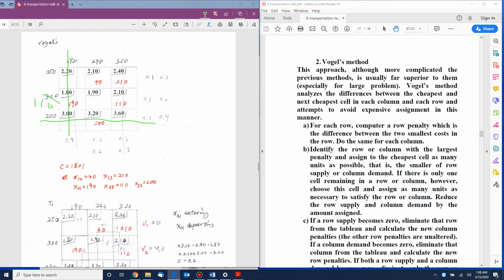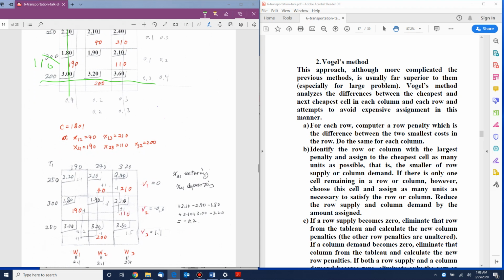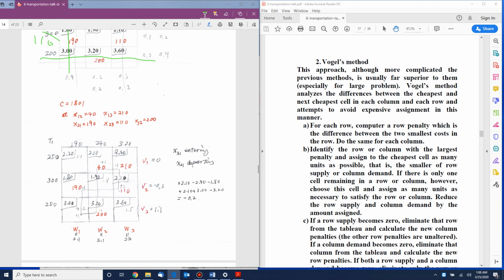Now, once we have done it in the table, we can work out the initial tableau. Just ignore those crossed because there is a mass there. So here we built up the initial tableau with the amounts we filled in. So x21 equals 190, x12 is 40, x13 is 210, x23 is 110, x32 equals 200.